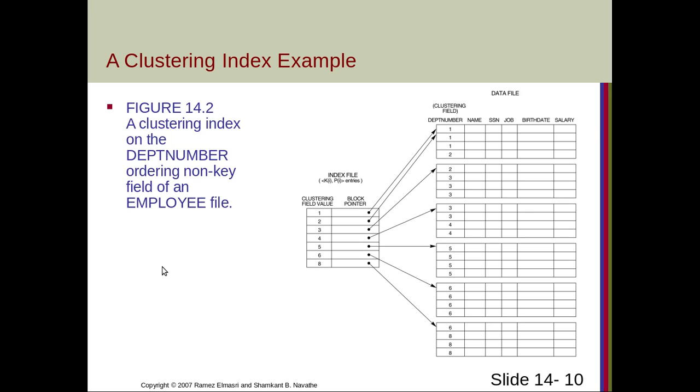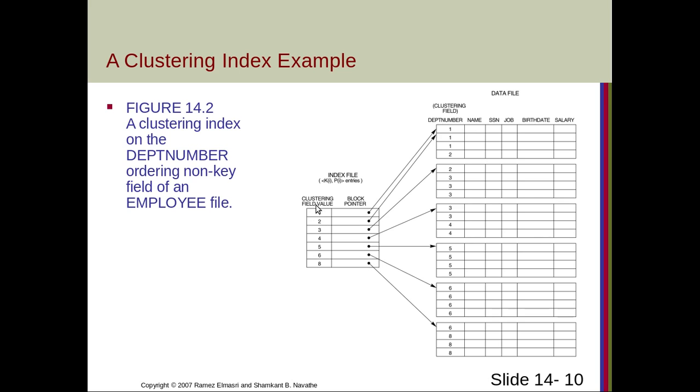And this is also a non-dense or sparse index, because here the department number is not unique. That means all the records having department number 1 are stored in contiguous locations, and the anchor record of that is stored here.